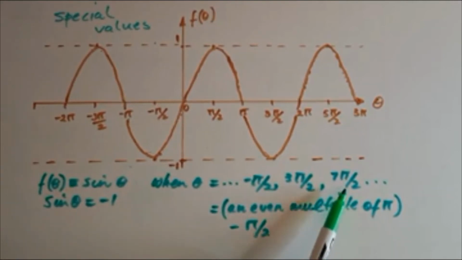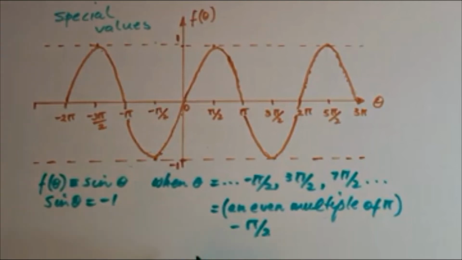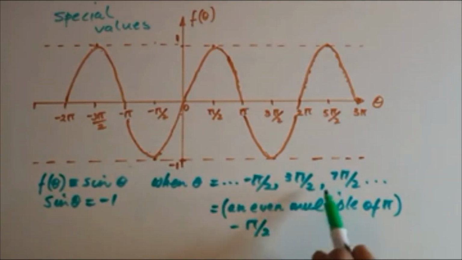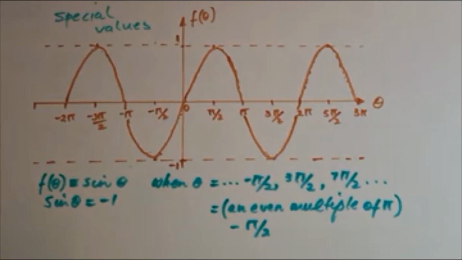And for this value, 7 pi over 2, it would have been a multiple of 4 pi, which is the same as 8 pi over 2, take away pi over 2 will give us 7 pi over 2. So this description fits this sequence of values for theta.